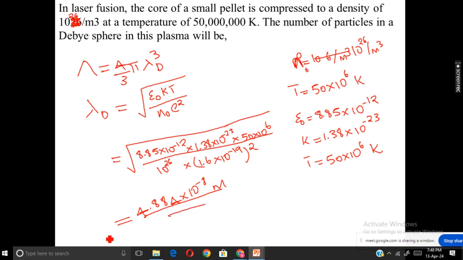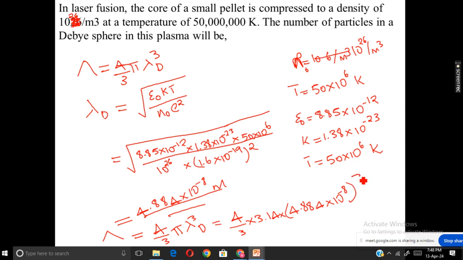Now we want to calculate the number of particles, right? So it will be 4 by 3 pi lambda d cube. After substituting, it will be 4 by 3 into 3.14 into 4.884 into 10 raised to minus 8, the whole cube.